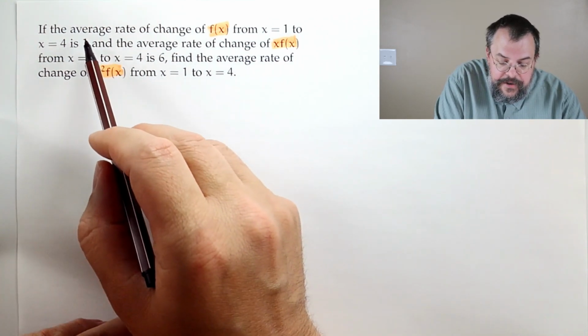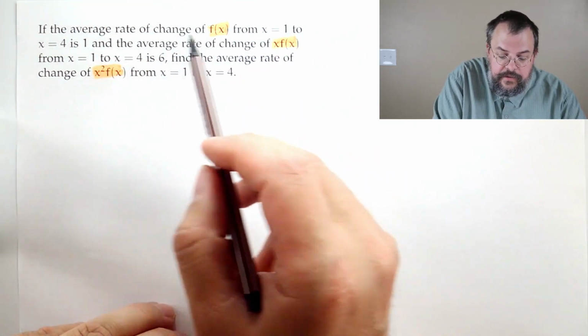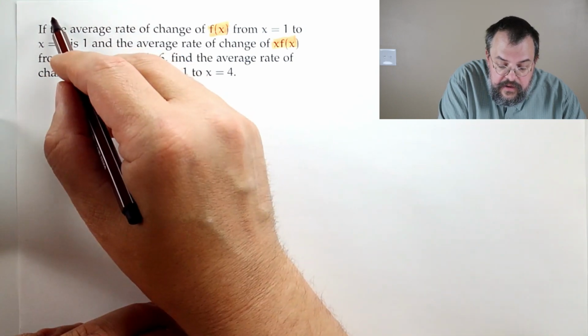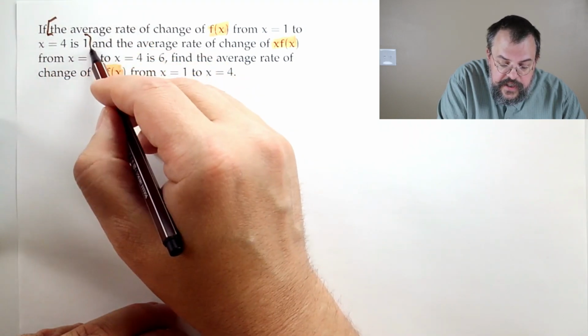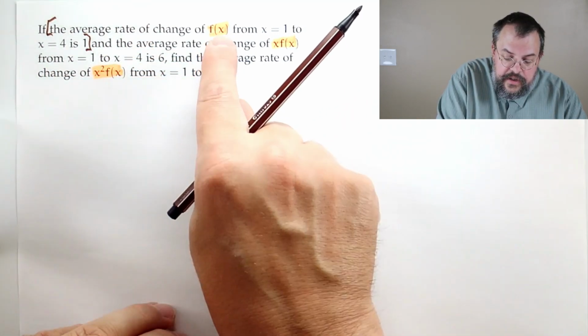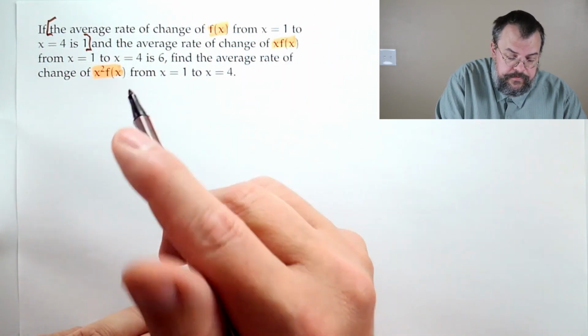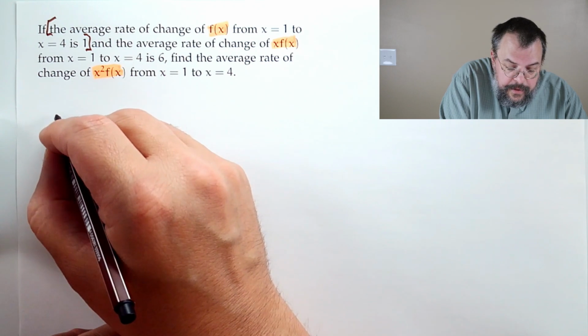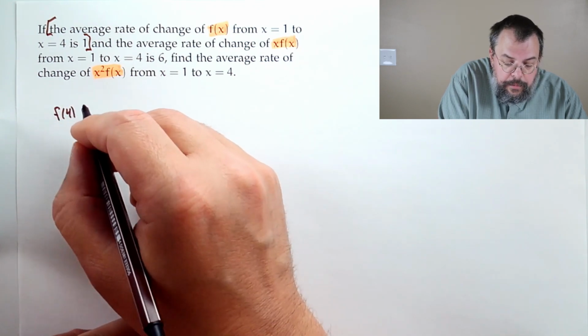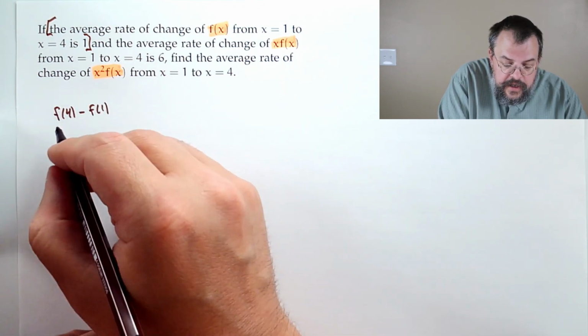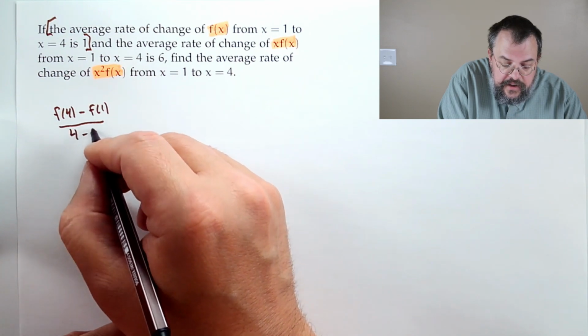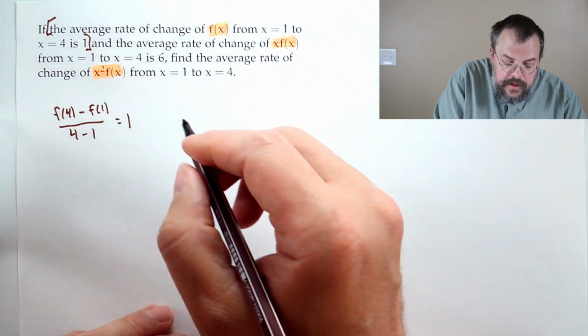So we're told the average rate of change of f of x from 1 to 4 is 1. So this is our first statement. So here's our function, here's our a and our b, and it equals 1. So our first statement becomes f of 4 minus f of 1, divided by 4 minus 1, equals 1.